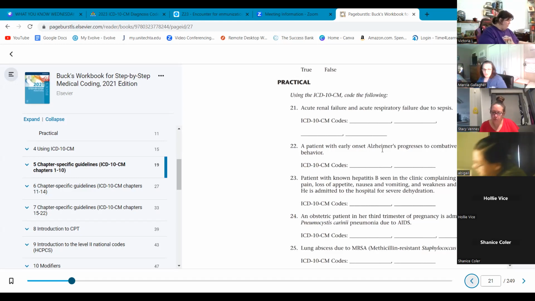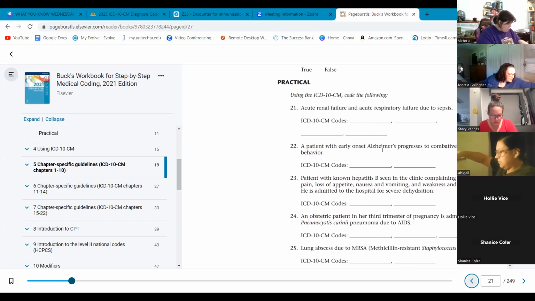My disease starts on 205. Okay, so I need to get my notebook. I get a sticky note.